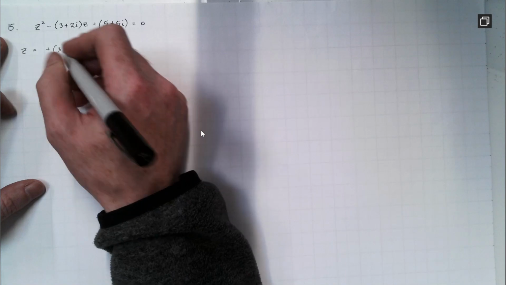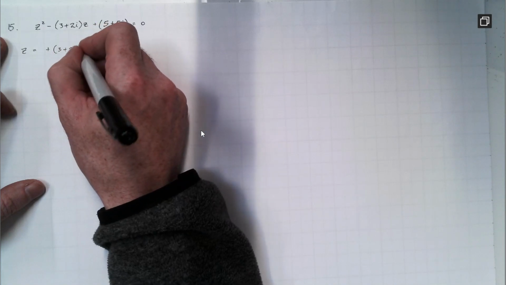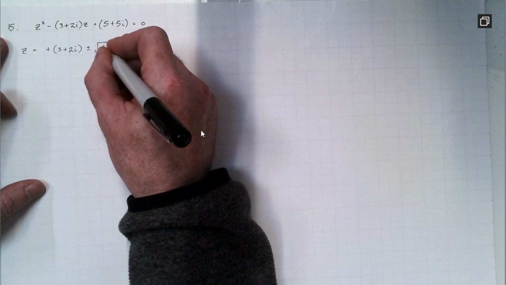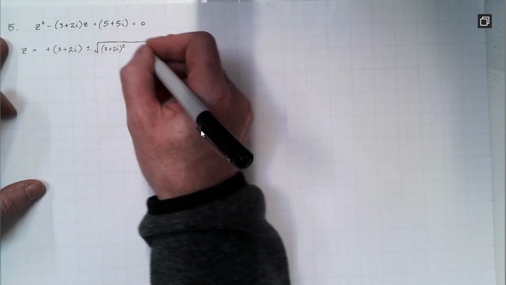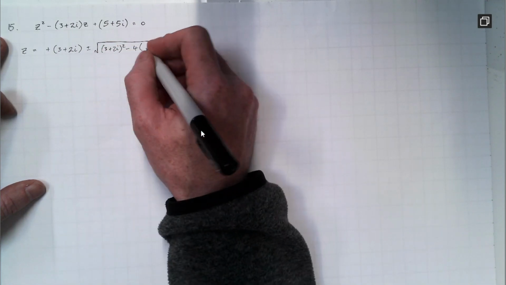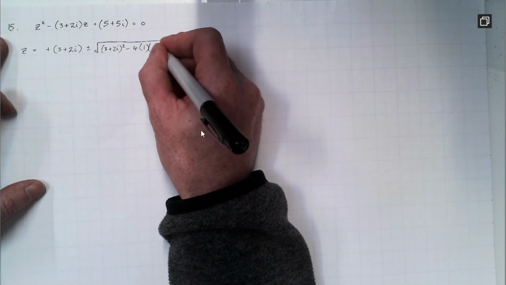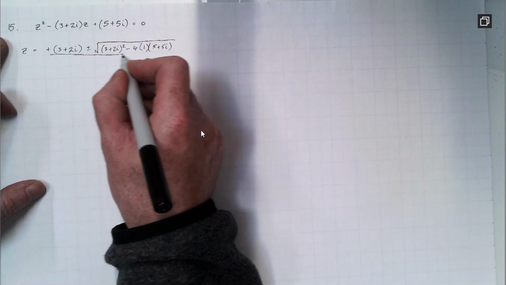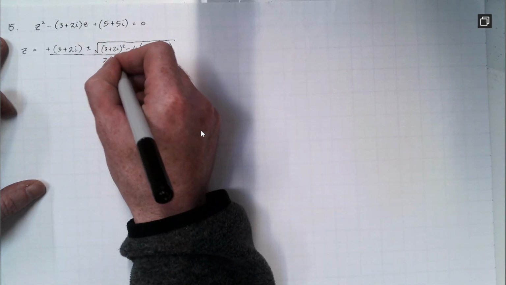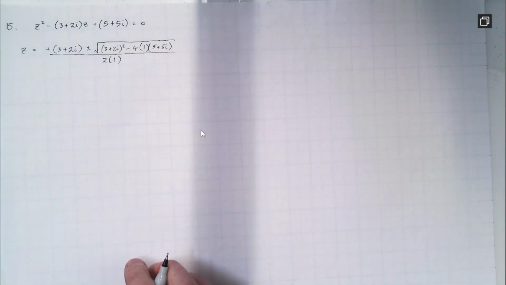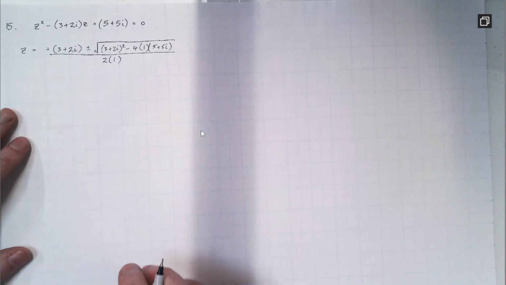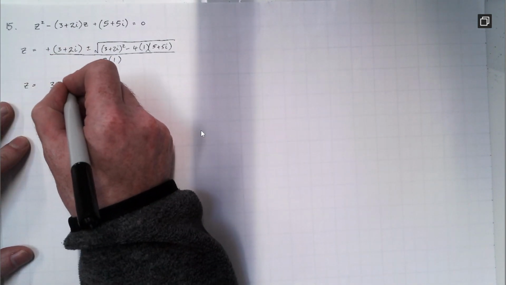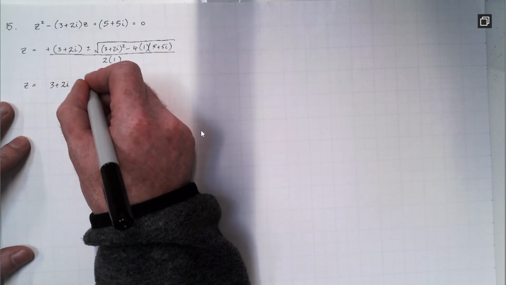Plus or minus the square root of (3 plus 2i) squared minus 4 times 1 times (5 plus 5i). So z equals 3 plus 2i plus or minus the square root.